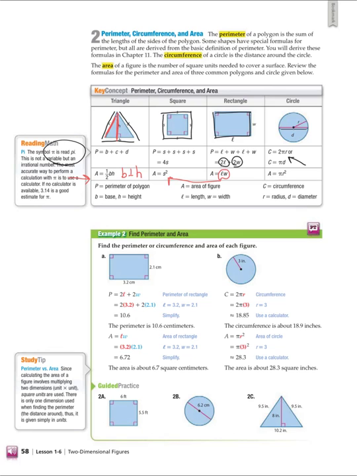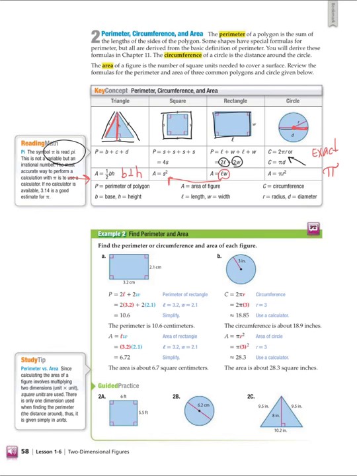And then for the area of a circle, we're going to multiply pi times the square of the radius. So from the center of the circle to the edge is a radius. We'll take that number and multiply it by itself, and then multiply that by pi. If our book asks for an exact answer, then that means we leave pi in the answer. We don't multiply on the calculator by the pi button.